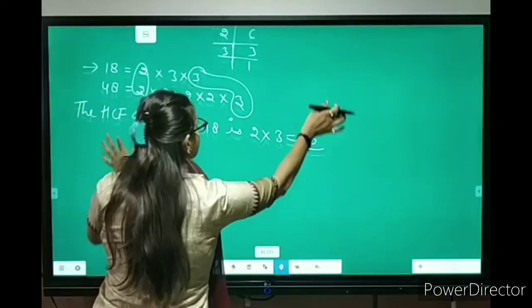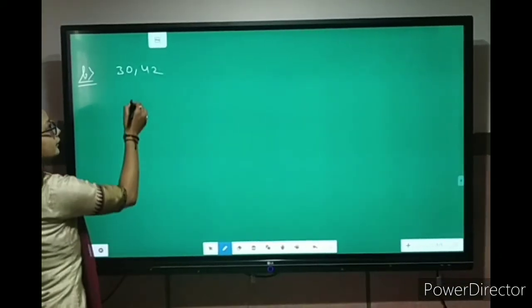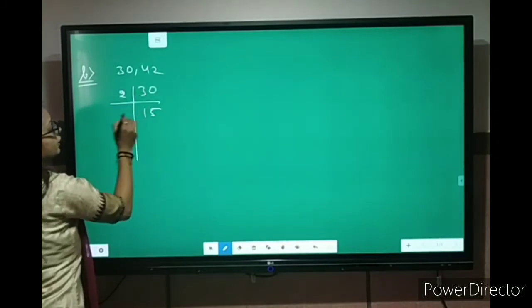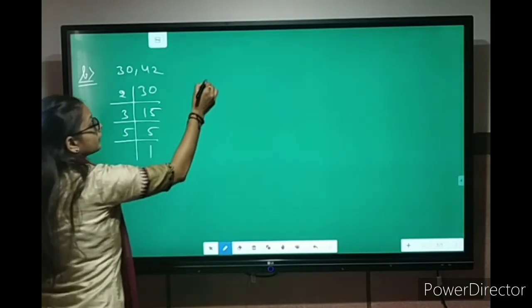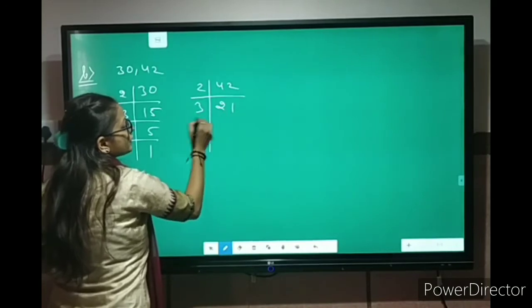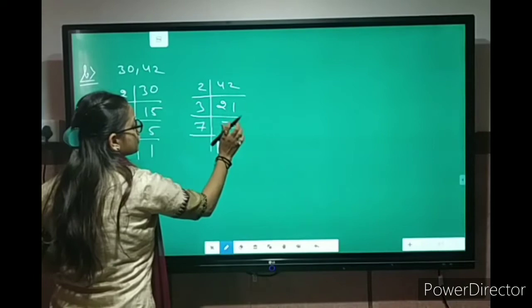One more example is question number 2: 30 and 42. Factors of 30, 3 fives are 15, 5 ones are 5. Factors of 42, 3 sevens are 21 and 7 ones are 7.